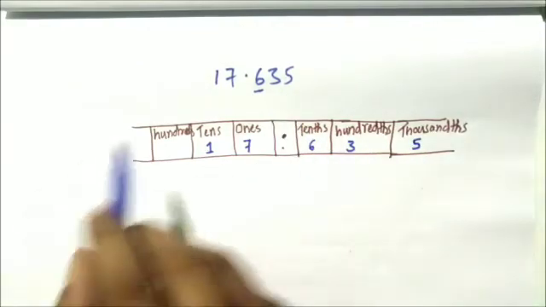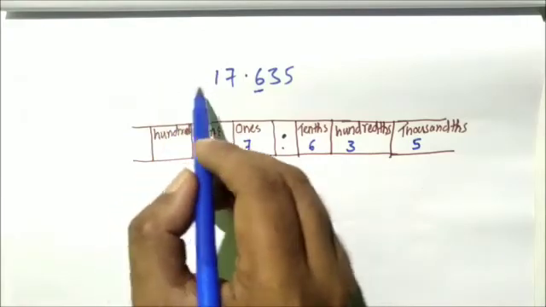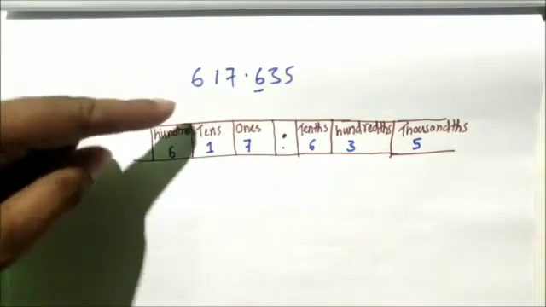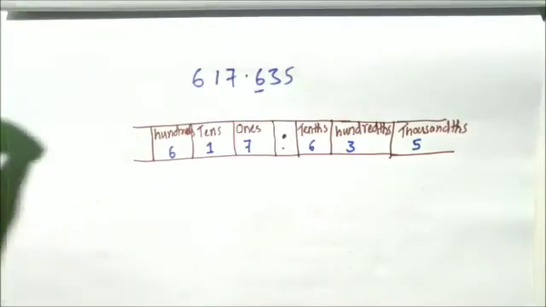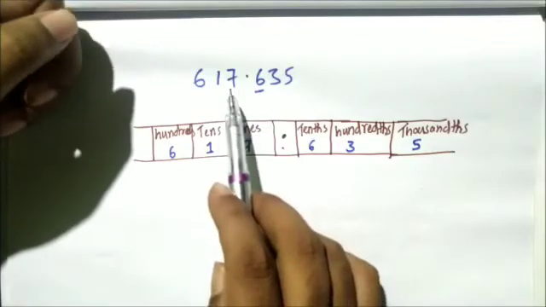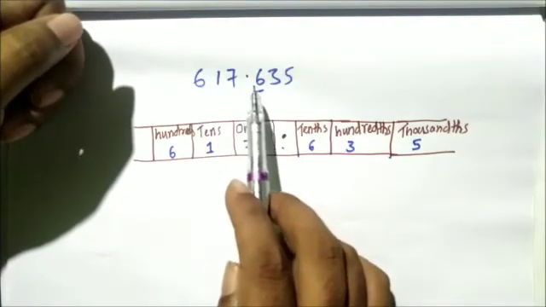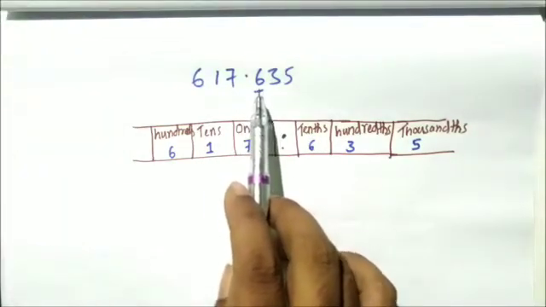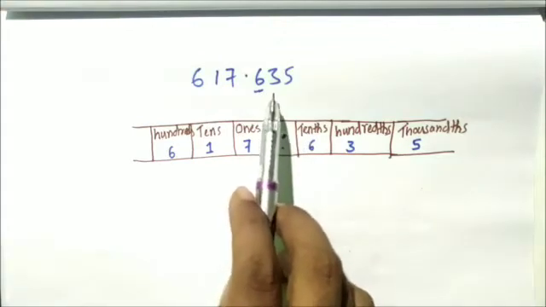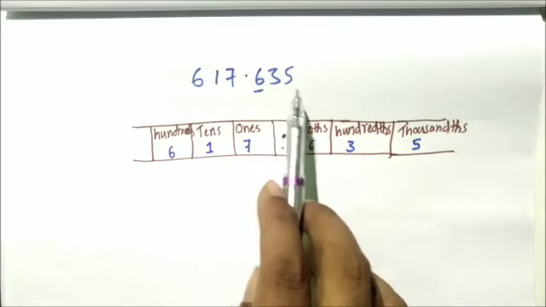Okay, to be very specific, let us put 6 here. So the tenths place is 6 now. Correct? So in the tenths place the digit is 6. In the tens place the digit is 1. In the ones place the digit is 7, decimal point, and this 6 is placed in the place of tenths, 3 is in the place of hundredths, 5 is in the place of thousandths.